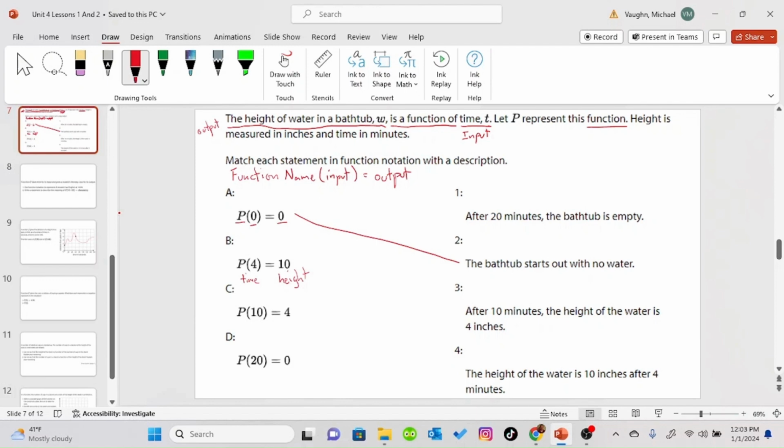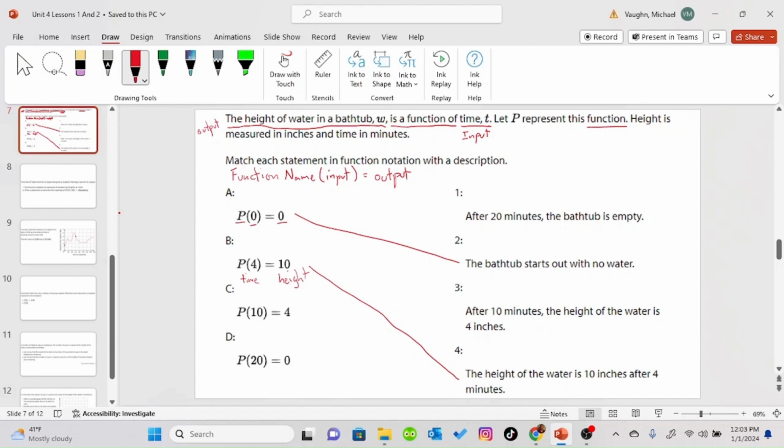Well, this says the height is 4 inches. We're saying the time is 4, so it wouldn't be 3. Number 4 is the opposite. This says the height of the water is 10 inches after 4 minutes. So if we're saying time is 4 and height is 10, that matches number 4.